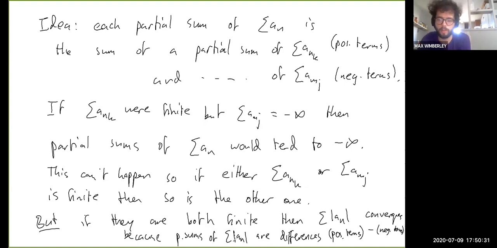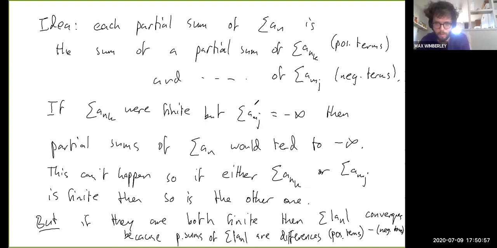If you look at a partial sum of the absolute values, then whatever the positive terms were in that partial sum are unaffected by the absolute value, and all the negative terms in the original partial sum get negated. So any partial sum of the absolute values is just the difference of one of the partial sums of this one and one of the partial sums of this one.